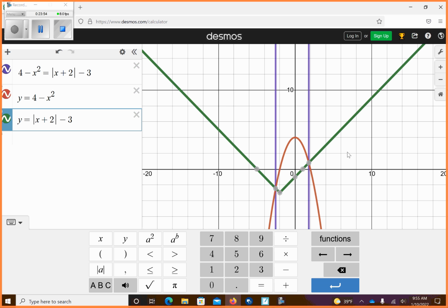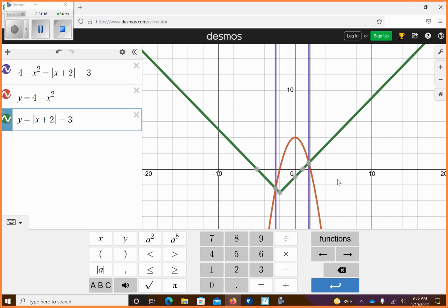Okay, so solve using the intersecting function. We have a whole lot there. I'm going to get rid of the 2 purple verticals in a second. But if we take a look at this purple, it goes right through this red and green right here. This purple goes right through the red and green here. Agreed?